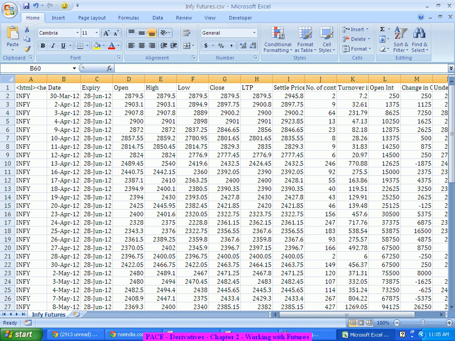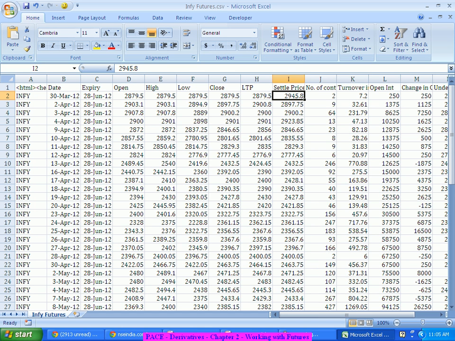So in the same case, as I said, let's assume that I don't even have Infosys with me, right? So today I may get into, I'll buy one Infosys future, let's say at 2945. I don't need to pay anything to the exchange today.